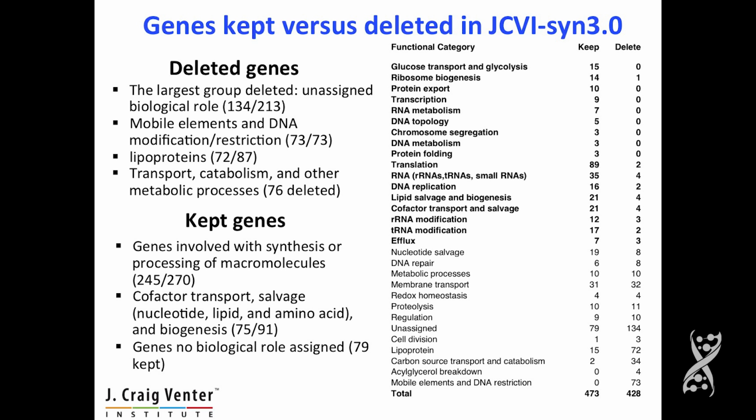We could set these into 30 different functional categories, and it's interesting. The ones in the top phase are ones that are highly conserved. We didn't delete hardly any of these. They have to do with translation, replication, and so on and so forth, macromolecule metabolism.